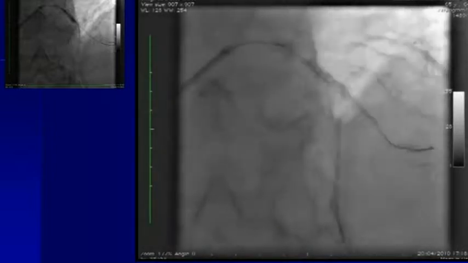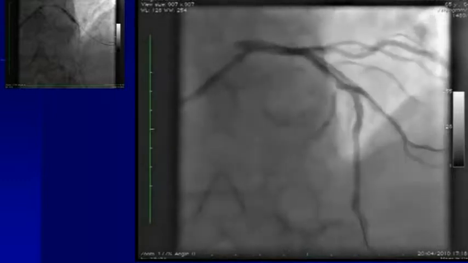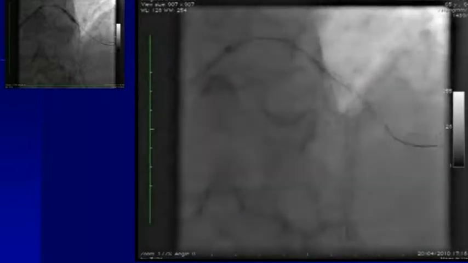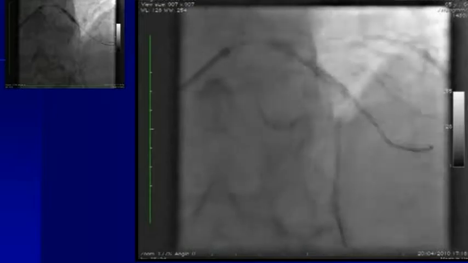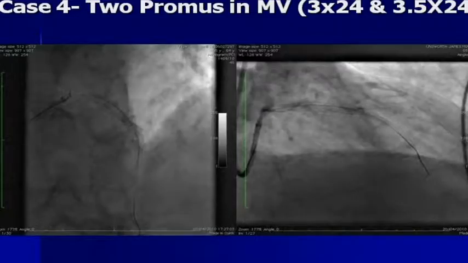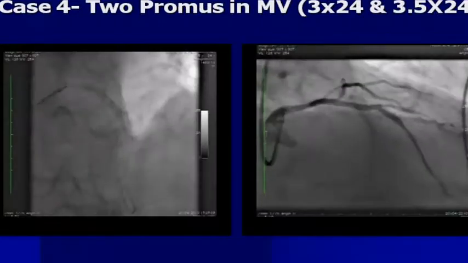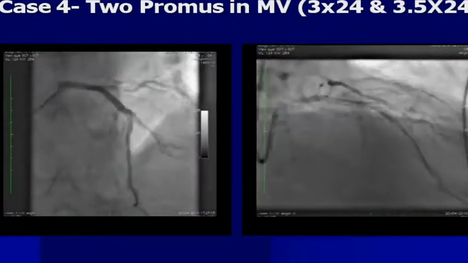The other thing is that because I had the SideGuard there, I had the security of not having to worry about treating the side branch at this point. So I went ahead and treated the main vessel and put a stent in the main vessel. And this is the result after putting in the main vessel stent.